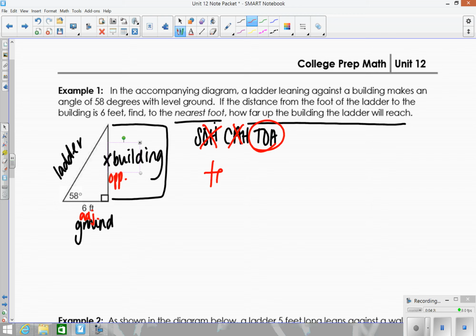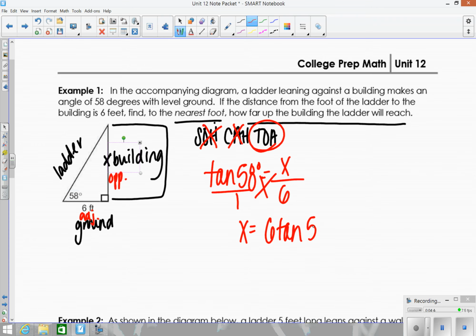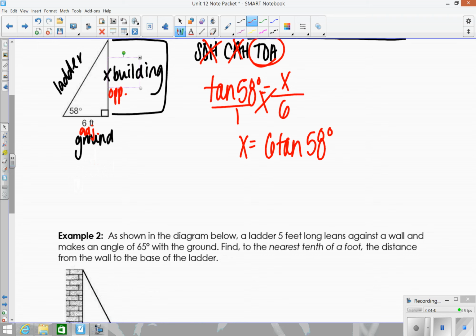So it's going to be tan of the angle, which is 58 degrees, equals opposite, which is x, over the adjacent, which is 6. Put this over 1 and cross multiply. So we get x equals 6 times tan of 58, just like the other lesson where we are just solving for x. Then we put that into our calculator, and you get about 9.6.